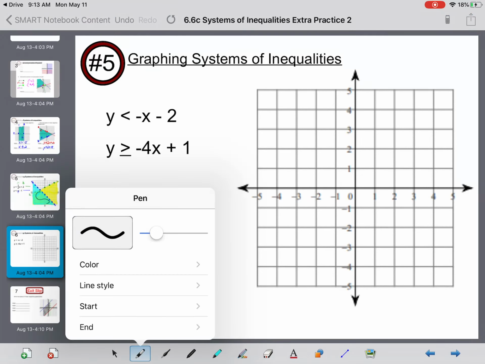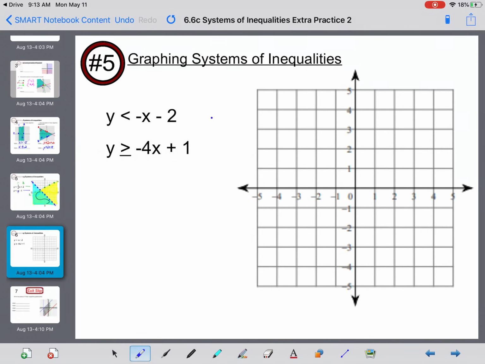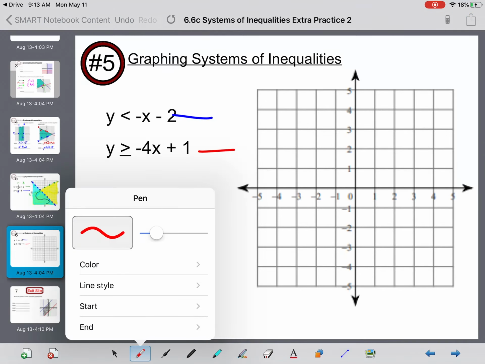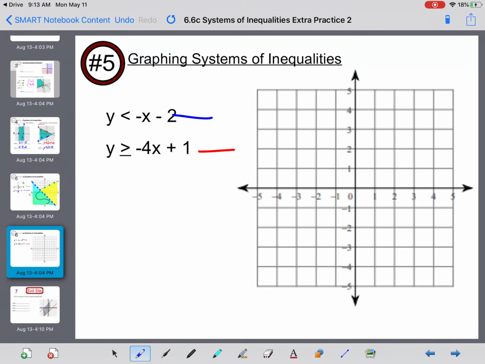Last one. Blue, red. Okay. Again, you have your m and your b values. This time you're starting at negative 2.